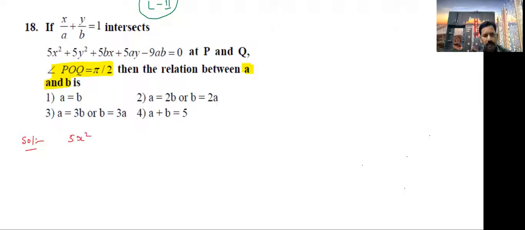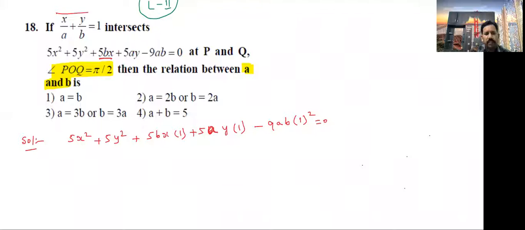5x square plus 5y square plus 5bx, here degree is 1, we can write 5bx into 1, plus 5ay, sorry, 5ay. Here degree is 1, need one more. Minus 9ab, this is the constant. In place of constant, we want to write 1 square now. What is 1? This is x by a plus y by b.